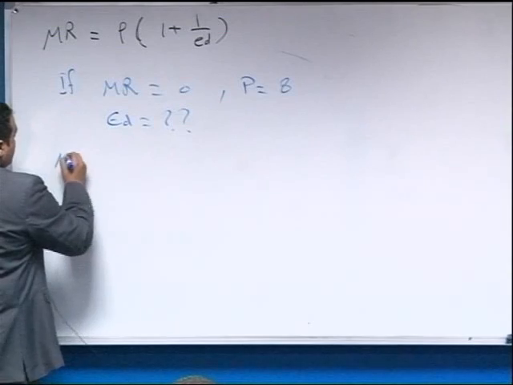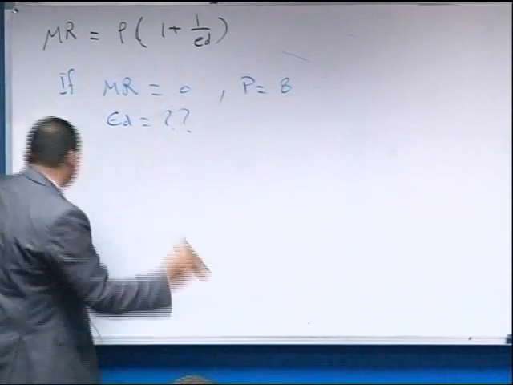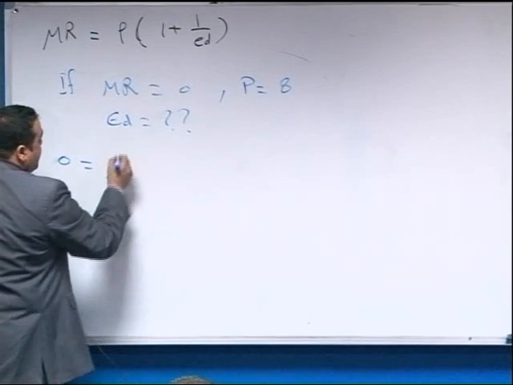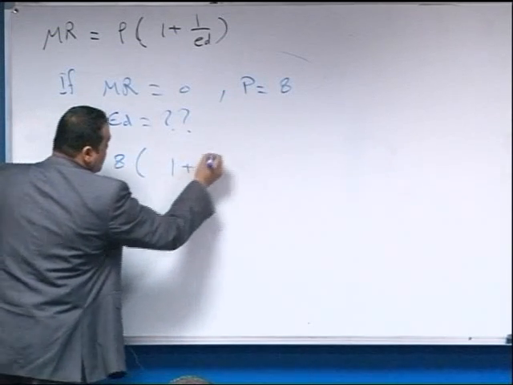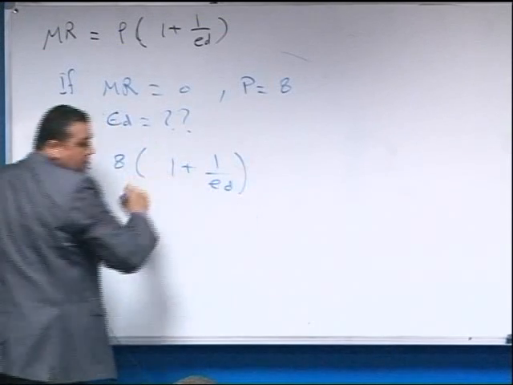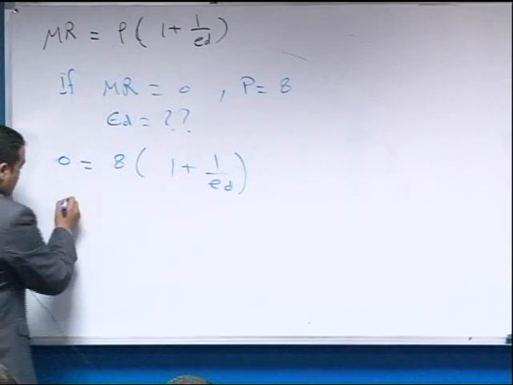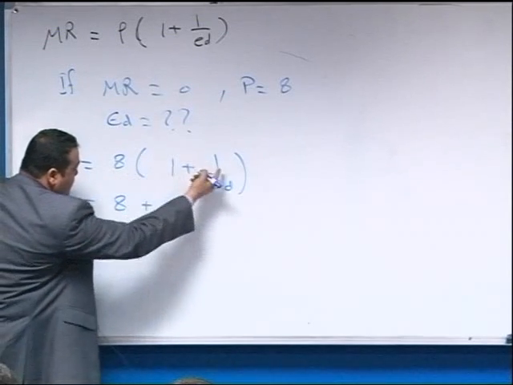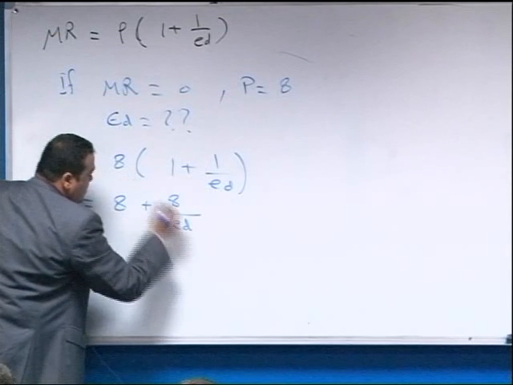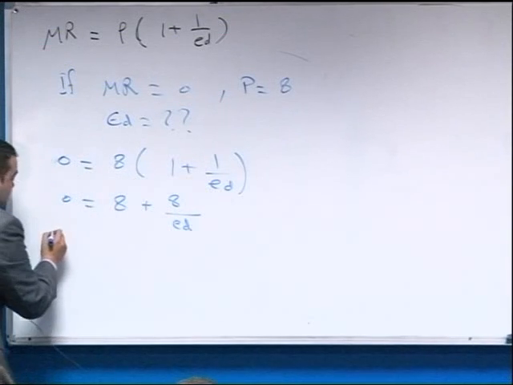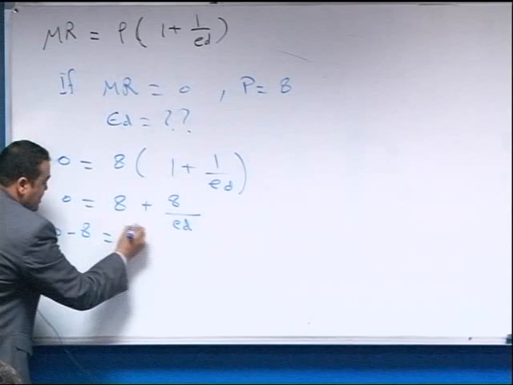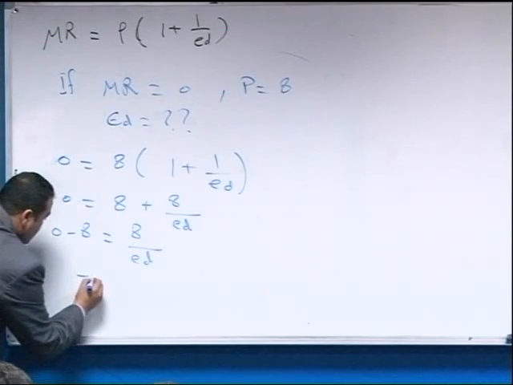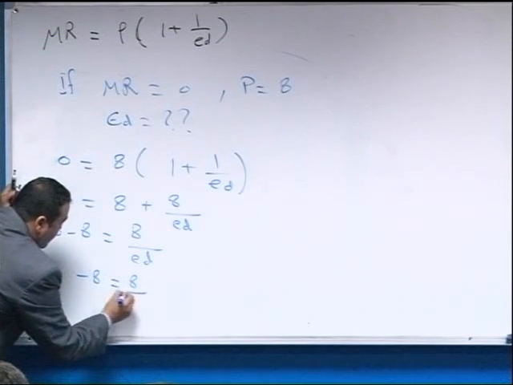MR, which is 0, equals the price 8 times (1 + 1/ED), right? 0 equals 8 plus 8 over ED. So 0 minus 8 equals 8 over ED. So minus 8 equals 8 over ED.